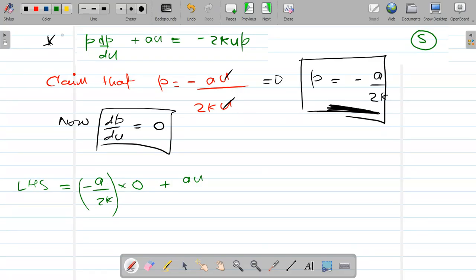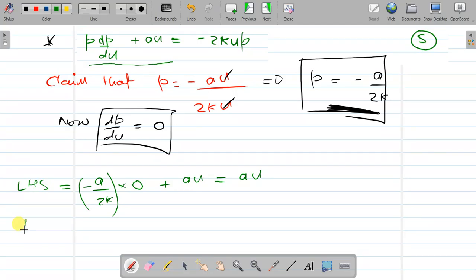So the left-hand side of this equation is equal to P here is minus A over 2K, and dP by du is 0, and we've got this additional term plus AU, which we leave alone, and that is equal to AU.